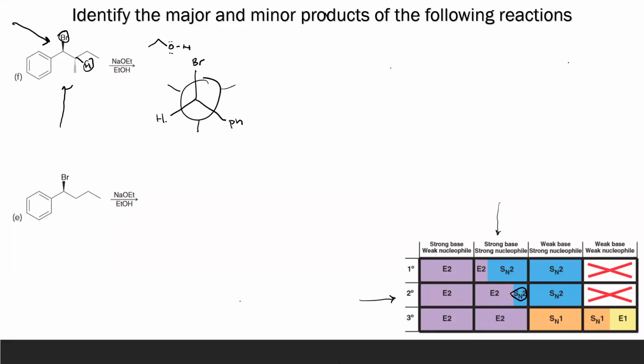And in this case here, we've got our proton here, ethyl group, and then methyl group. Okay, so what we want to do is get our proton and leaving group in an anti-coplanar configuration.